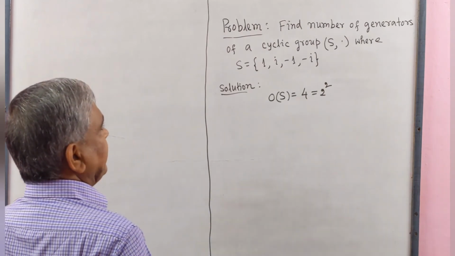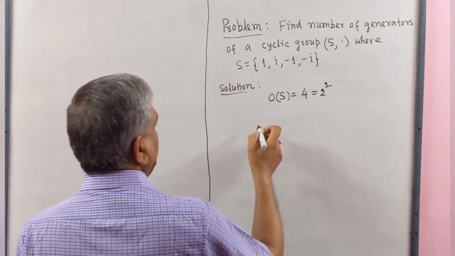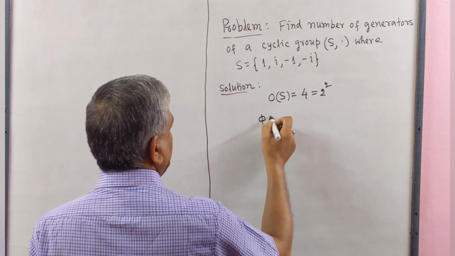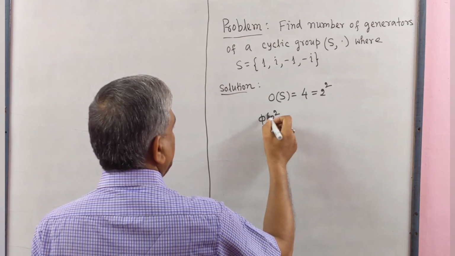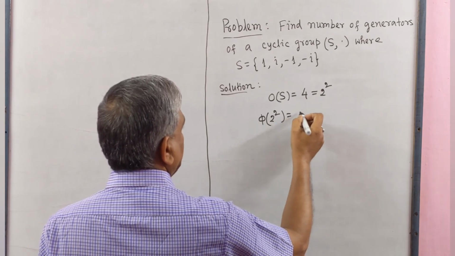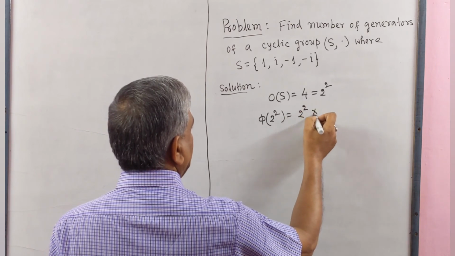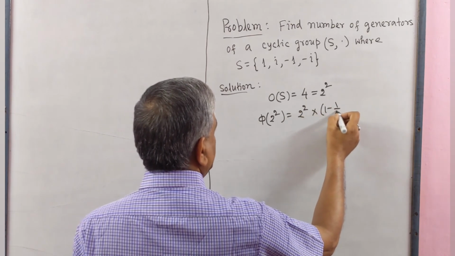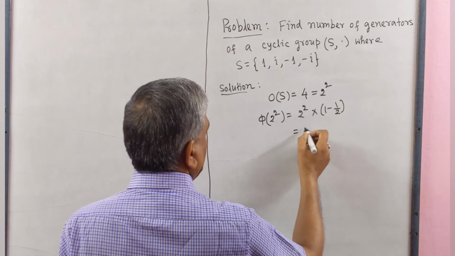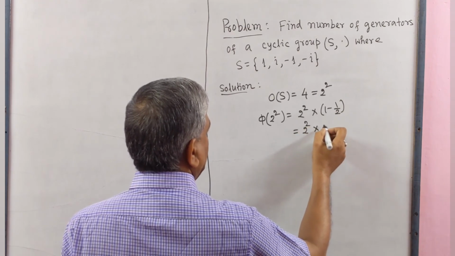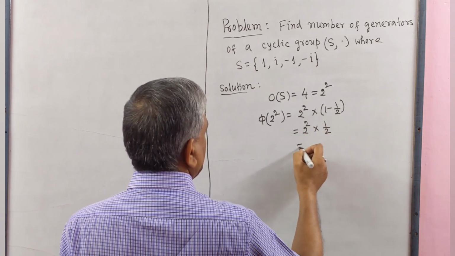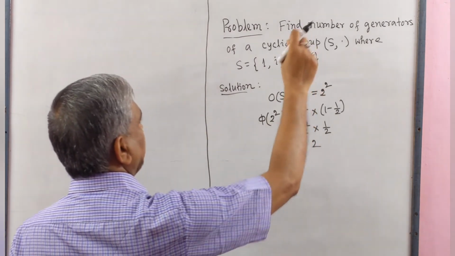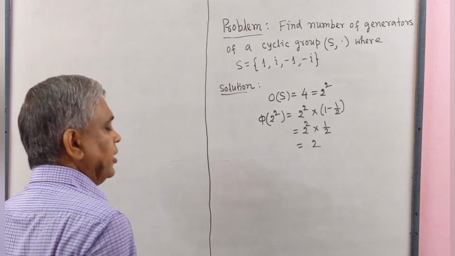Therefore, the number of generators is equal to Euler's phi function of 2 square. This is equal to 2 square multiplied by (1 minus half), that is 2 square multiplied by half. This is equal to 2. Therefore, the number of generators of this group will be 2.